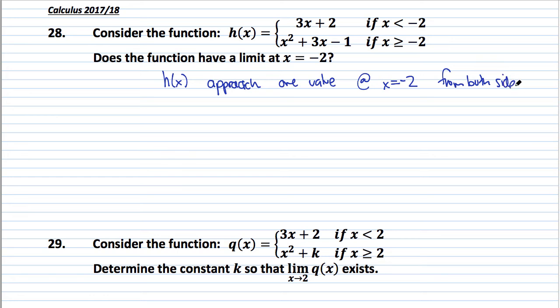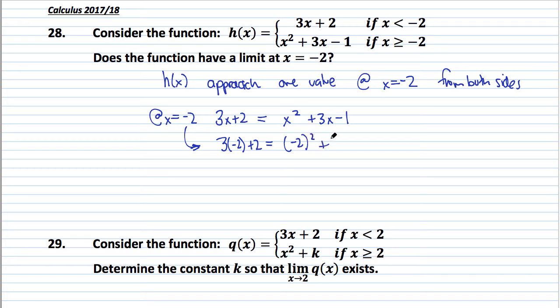So what I can do is I can just set both sides equal to each other. So I have 3x plus 2 is equal to x squared plus 3x minus 1, and this is supposed to be true at x equals -2. So what I can do is just substitute in my -2 for x. So I have 3 times -2 plus 2 equals (-2) squared plus 3 times -2 minus 1.